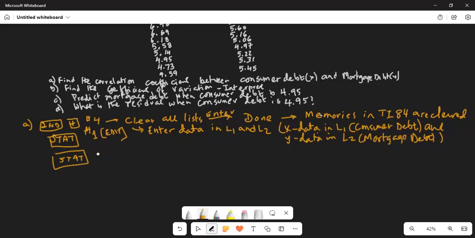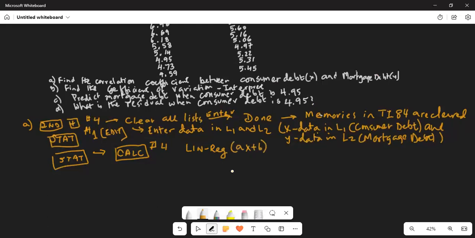Then highlight calc on the top, which means move the cursor on top of calc, and select number 4, which is LinReg ax plus b.